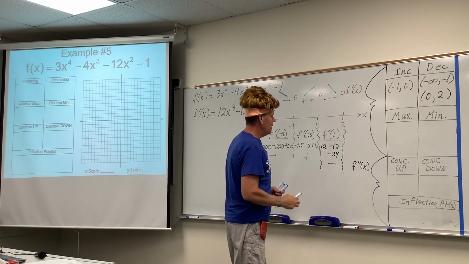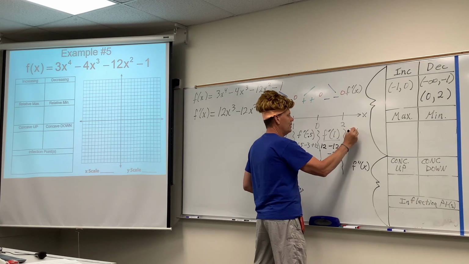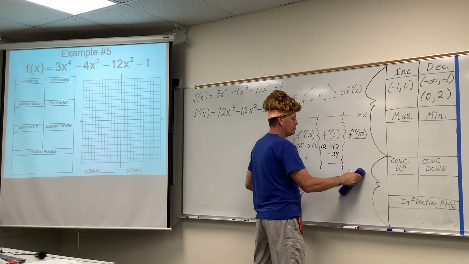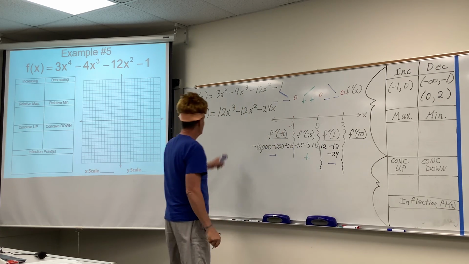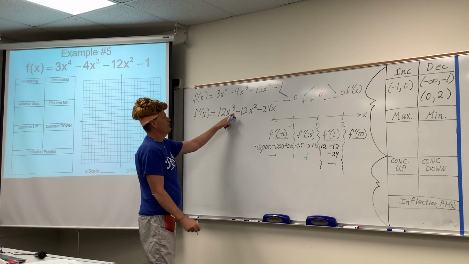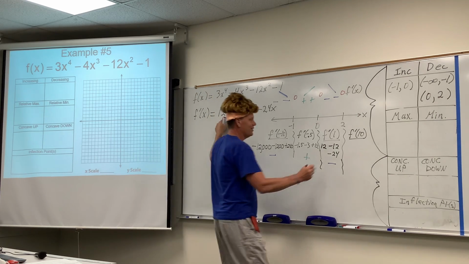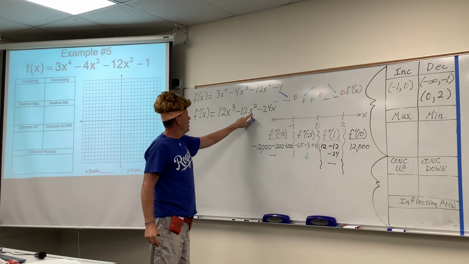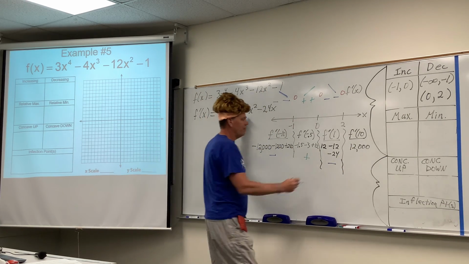Alrighty. And then f prime of 10, that's out there, isn't it? Okay. Let's see, 10 cubed. You're welcome! 10 cubed is 1,000 times 12, that'd be 12,000. 10 squared is 100, right? So that'd be minus 1,200.